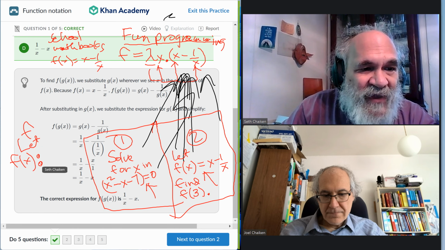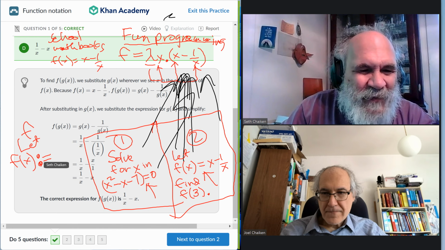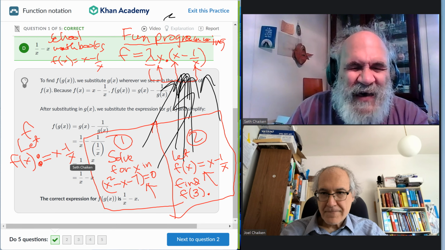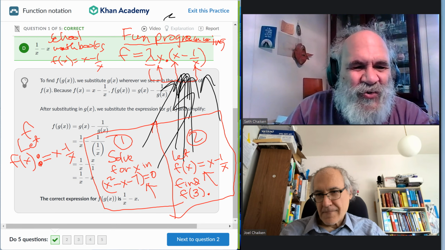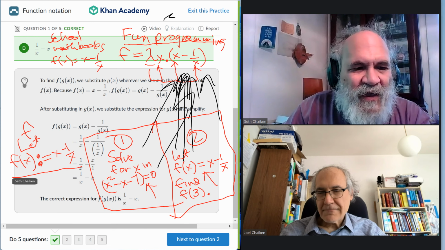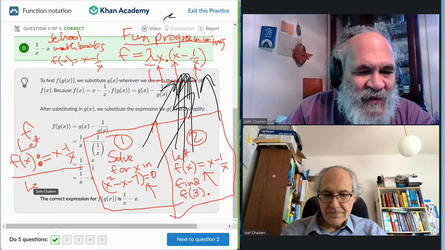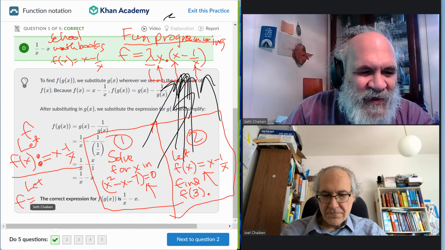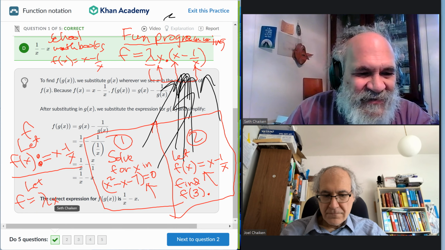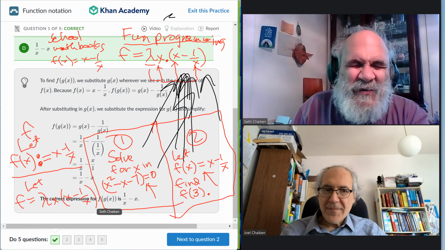Write it using notation like this: colon equals x minus 1 over x, and leave the equation symbol in 1 the same. The functional programming way would be to write in number 2, let f equal lambda x, x minus 1 over x. That's how I would fix it.